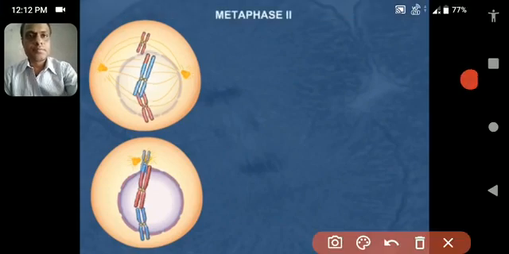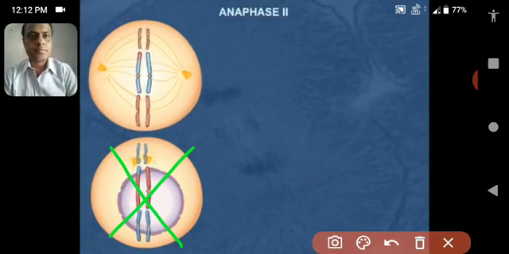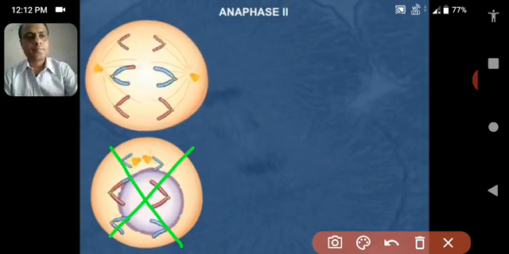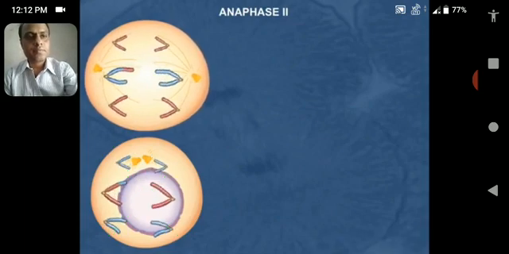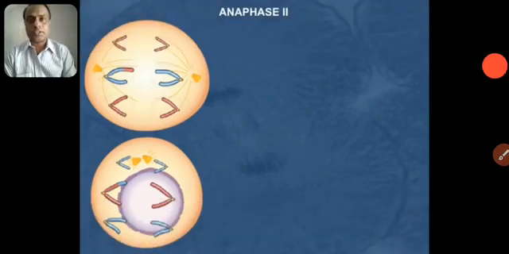At metaphase 2, the sister chromatids are aligned along the metaphase plate, with each chromatid being attached to one pole. The sister chromatids separate or disjoin and begin moving to the poles of the cells during anaphase 2. During telophase.